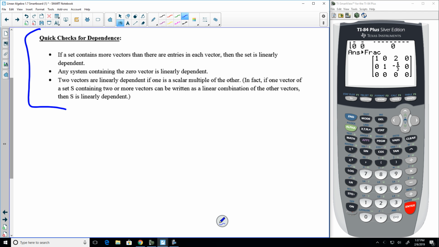Then one of those vectors is automatically a linear combination of the others, because you can say this vector is 2 times this vector plus 0 times the rest, and you've got a linear combination that forms that vector. So if any 2 vectors in your set are scalar multiples of each other, then they're dependent automatically. Some of these you can just tell by looking at them. You don't have to necessarily row reduce every time.